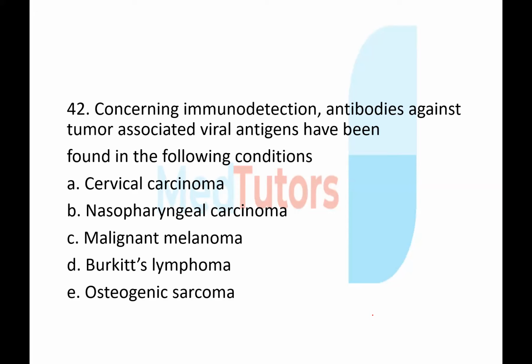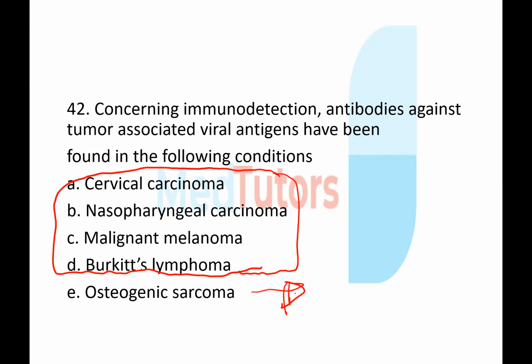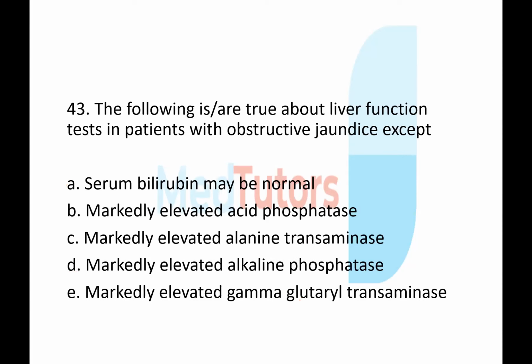Cervical cancer, of course, human papilloma virus, nasopharyngeal cancer, of course, malignant melanoma, Burkitt's lymphoma, osteogenic sarcoma. Now, for all these, viruses have been implicated. So each and every one, you should check the virus that has been implicated. Osteogenic sarcoma is not associated with any viral cause.